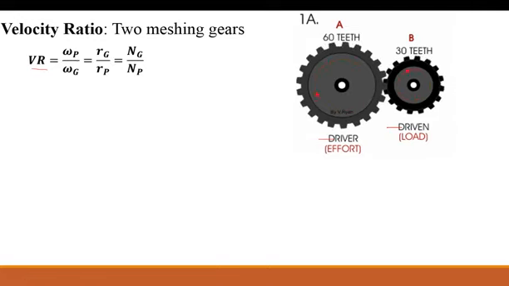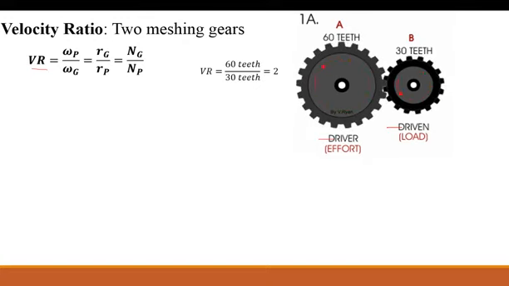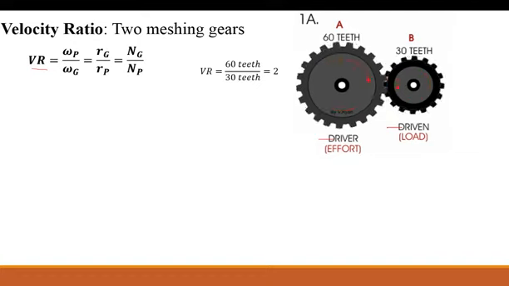So if you've decided on how big the gear you're going to use, the type of teeth you're going to use, and the number of teeth that are going to be on there, you can actually calculate how much you're going to step the velocity of one gear up and step the other gear down. So that's a very important concept. In this particular gear setup, we have a velocity ratio of 2.